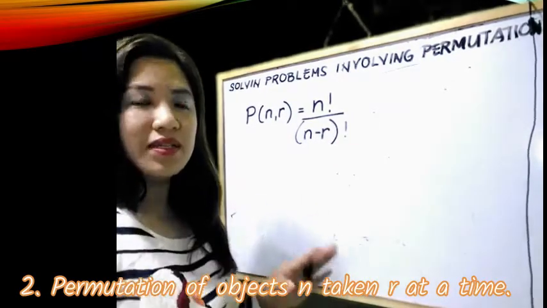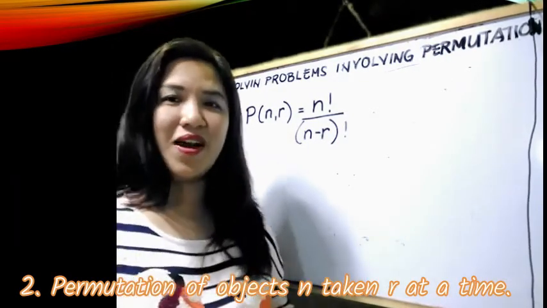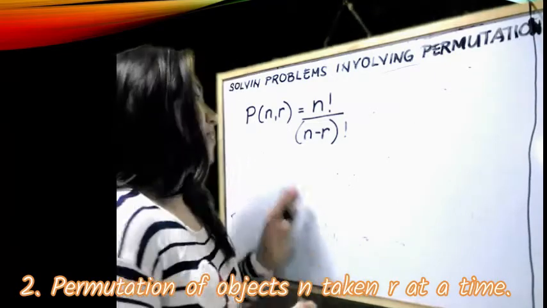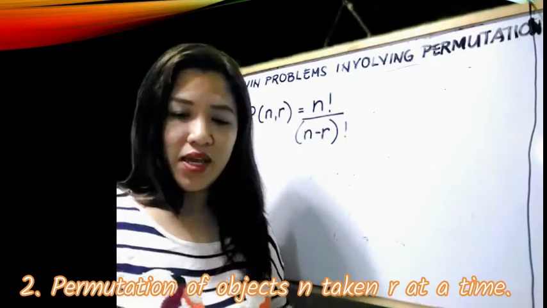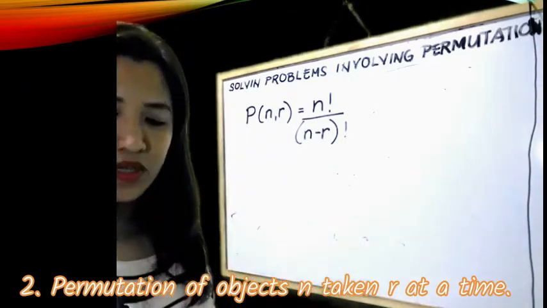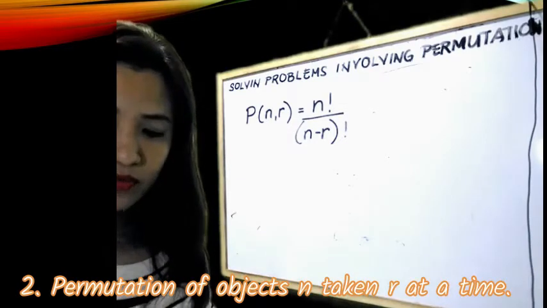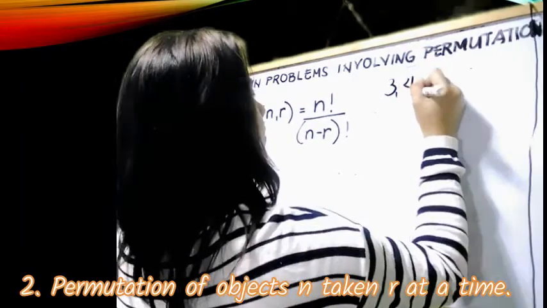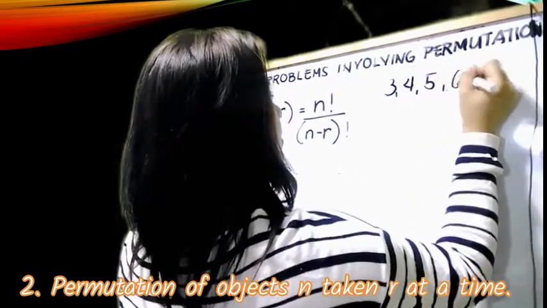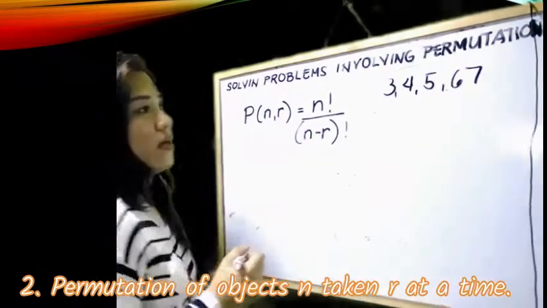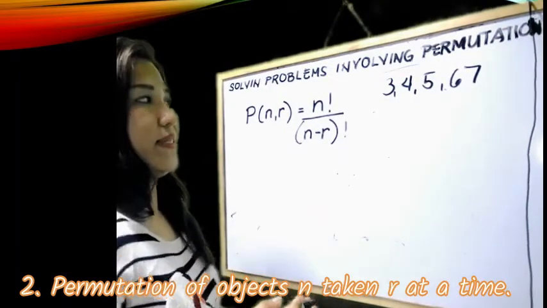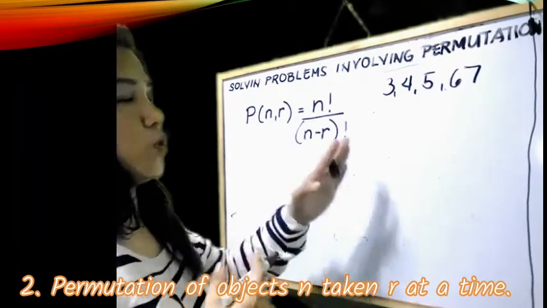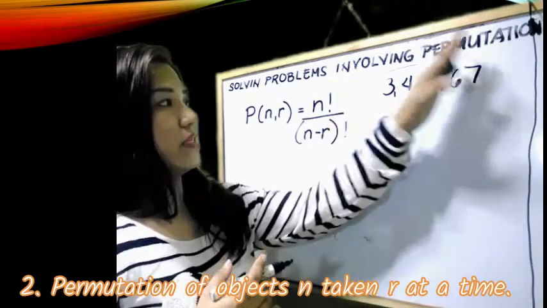So let's apply this formula to our given problem. The problem in your module says, if you were given the numbers 3, 4, 5, 6, and 7, in how many ways can you arrange two-digit numbers out of these given numbers?